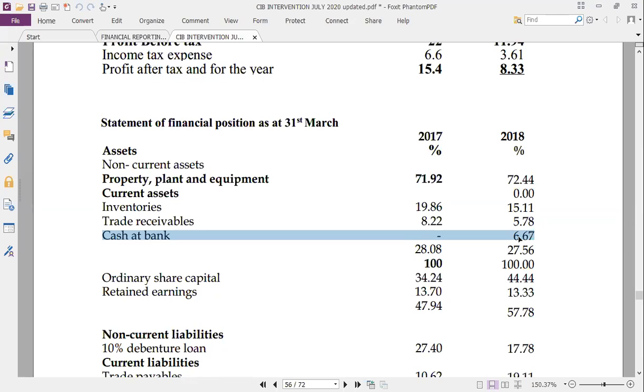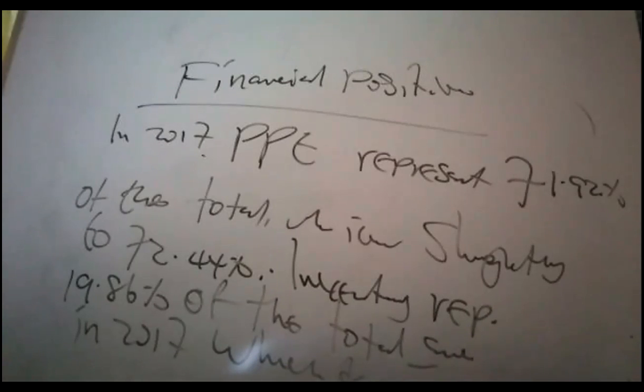So we are continuing. Receivable to total asset ratio. The last sentence. Great.